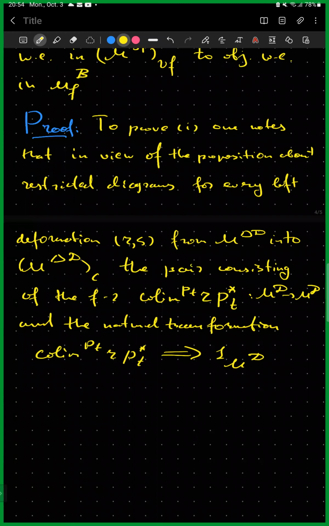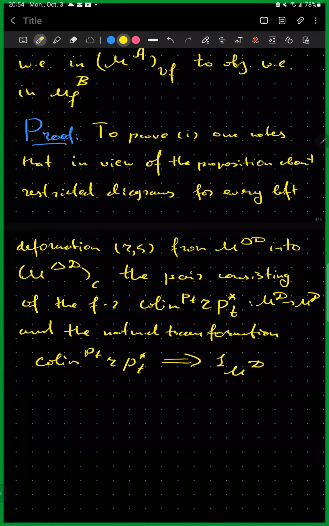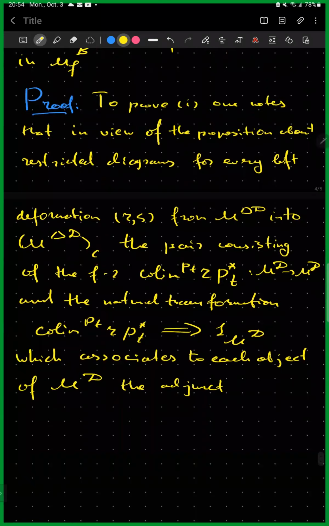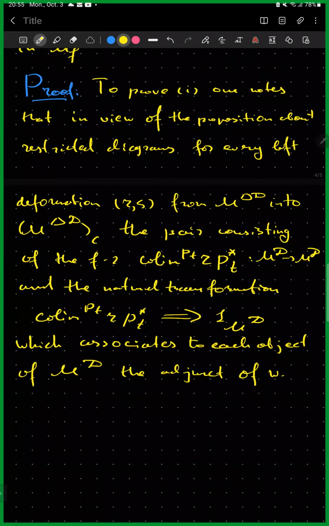So this natural transformation associates to each object of the diagram category the adjunct of the weak equivalence given by the following.